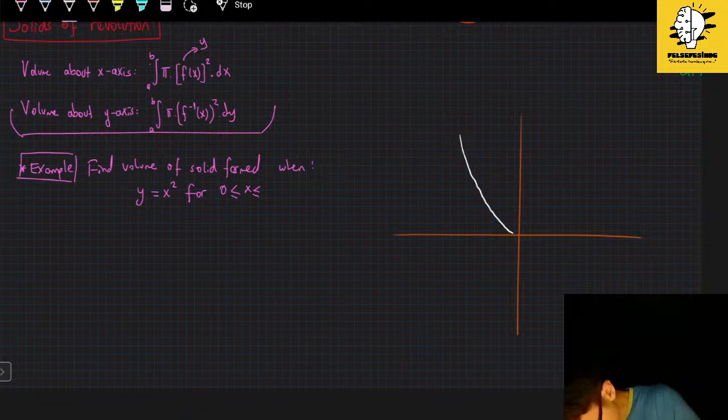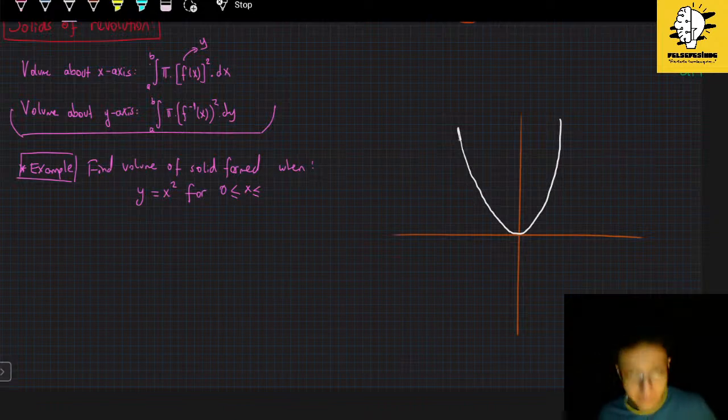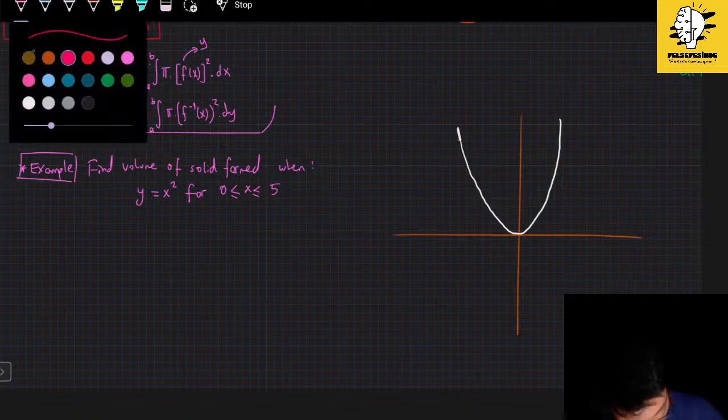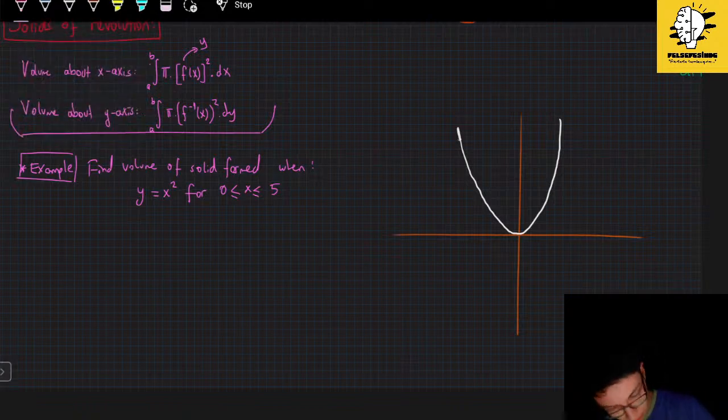And this is actually equal to pi. Let's write pi outside, okay? Because we said it is a constant, not a variable.